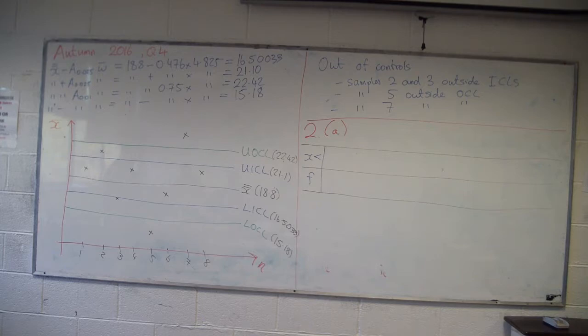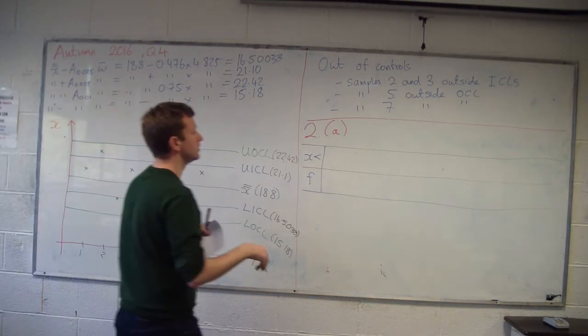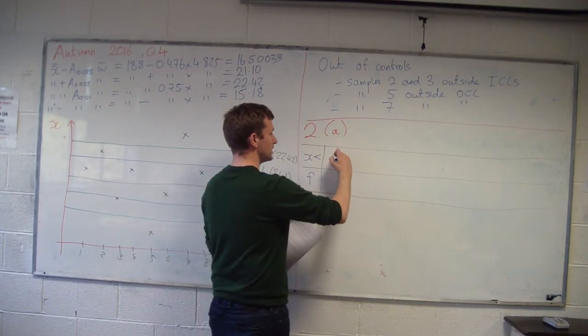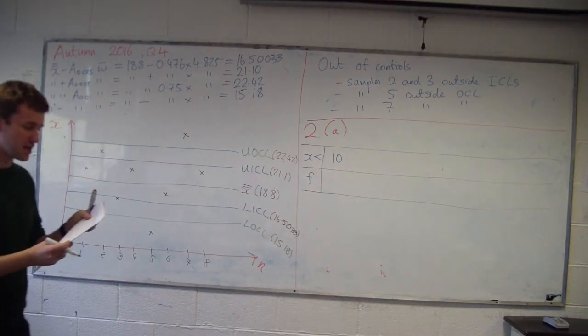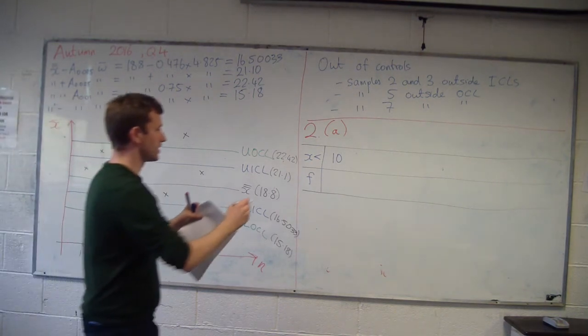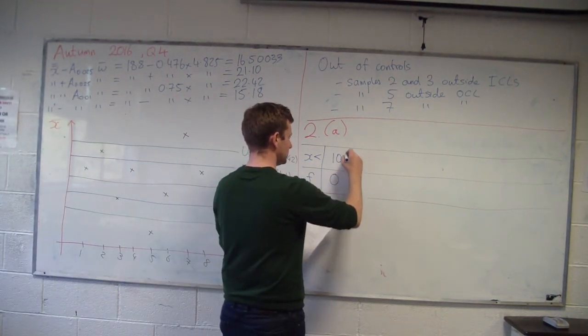That won't happen. It'll be 10 to 20, 20 to 30, 30 to 40. There'll be no messing around like that. And it's handy, if you're doing the ogive, to have the first one less than the first number, 10. How many of them are starting at less than 10? 0. And then we'll go all the way up to 80.